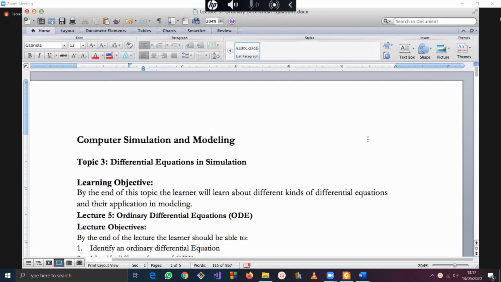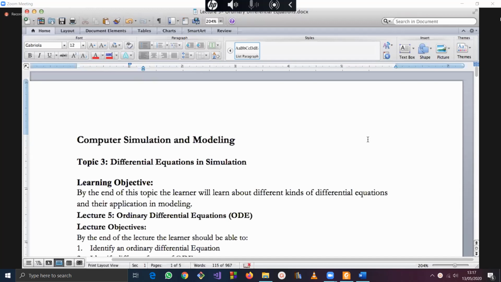And number two, we also recognize that equations are the simplest ways in which we represent scenarios and circumstances that we encounter in a system.